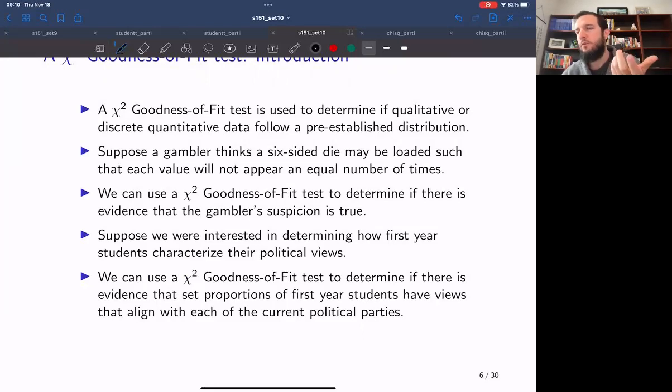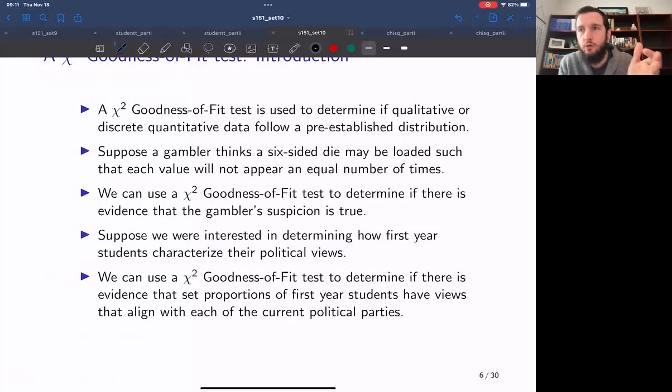So there's a few different basic illustrations of when you could use a chi-square test. One of them would be determining if a die is fair. So if you have a 6-sided die, the expectation would be that each number rolls the same probability of the time, or the same proportion of the time. So a 6-sided die is going to show you a 1 out of 6 times it's rolled.